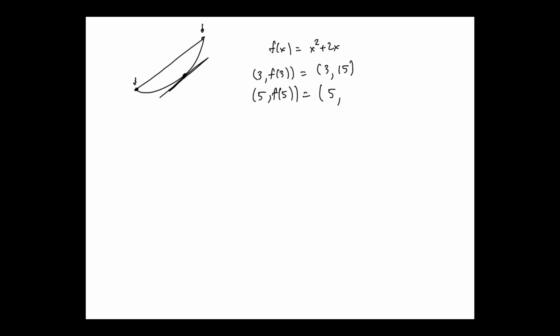What's the y coordinate? 35. Okay, great. So what's the slope between these two points? It'd be 35 minus 15 all over 5 minus 3, which is 2, last time I checked.